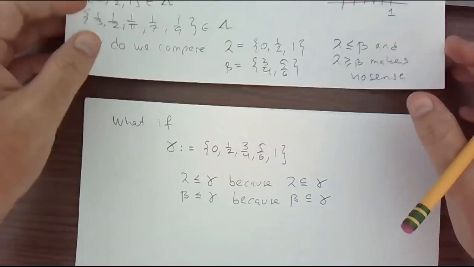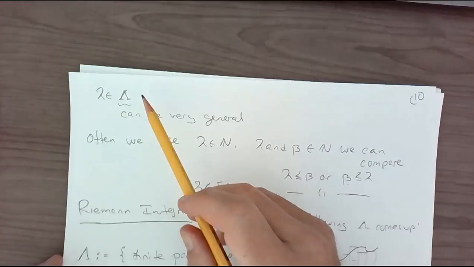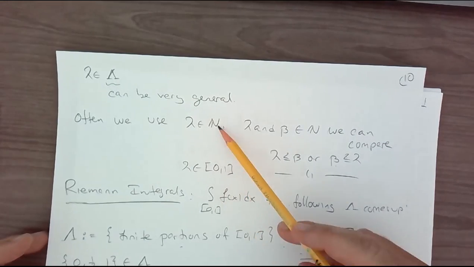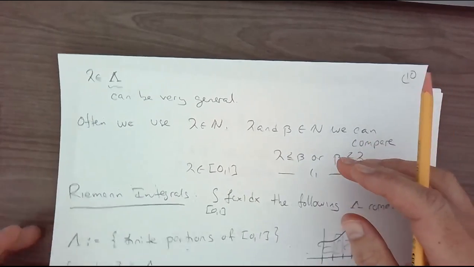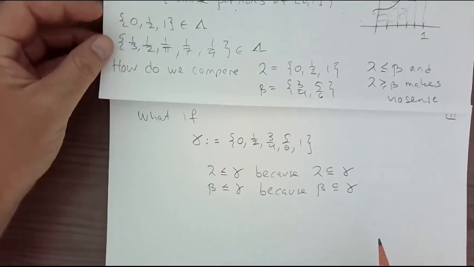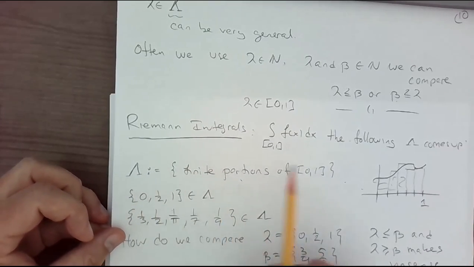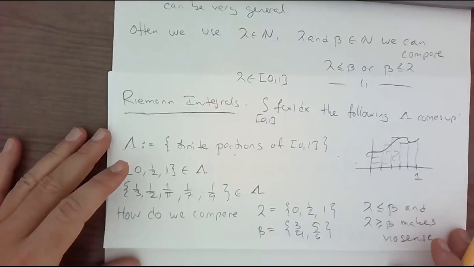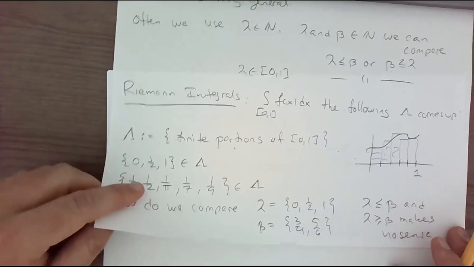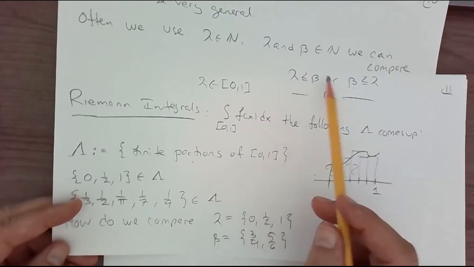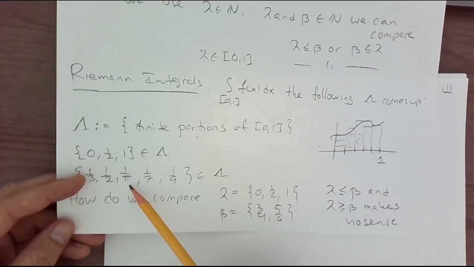I would like you guys to move away from thinking about lambda here just as being something that has this structure. In general, when you talk about an index, this can be a huge mess. And here we're not even assuming that we can compare indices.